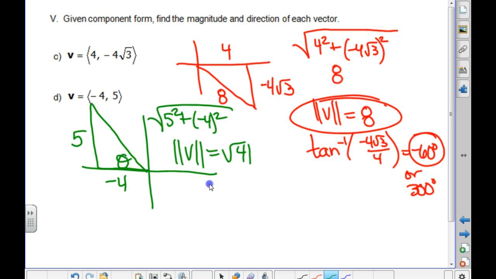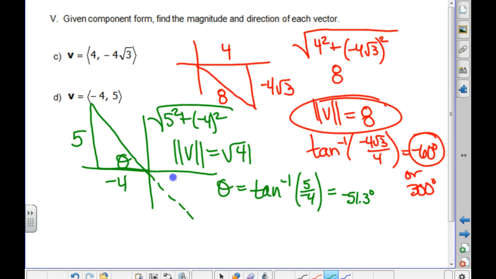And the angle in here, when I type this on my calculator, I get negative 51.3. Add 180.